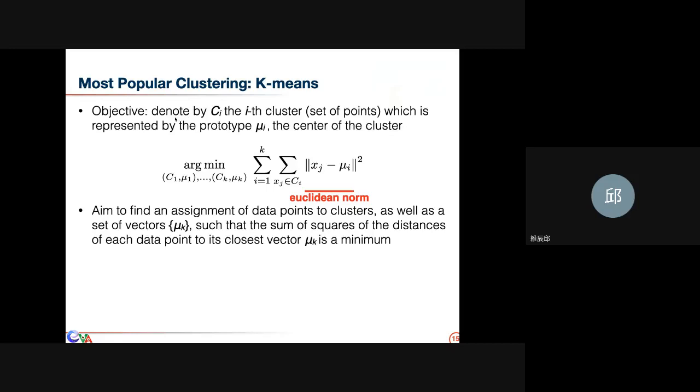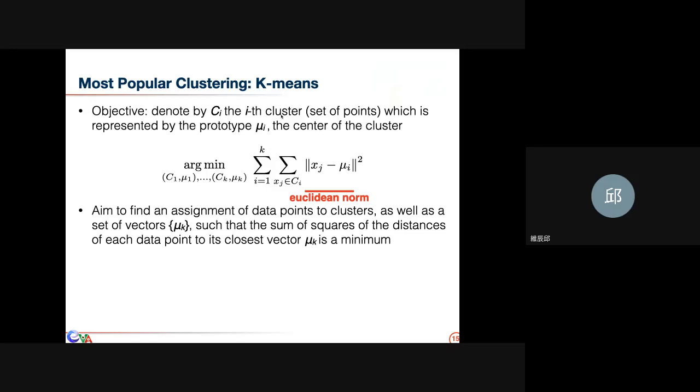Assuming now I try to cluster my data points into k clusters, and then for each cluster, I can compute the center of this cluster. You can think of the center as just the average of the data points belonging to the same cluster. If I simply average them, I can get a center.